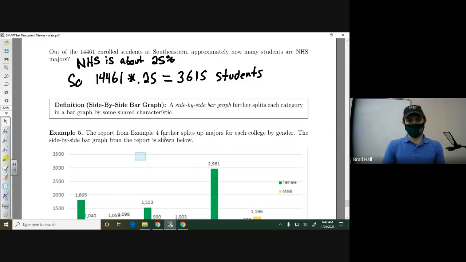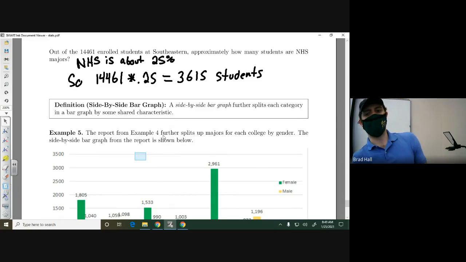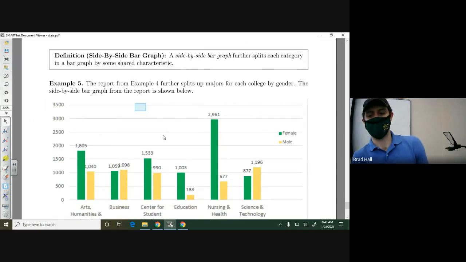Or in other words, we may have a bar graph, but within the bar graph, we want to explore how specific people within those correspond. And so example 5 shows a good example of this.